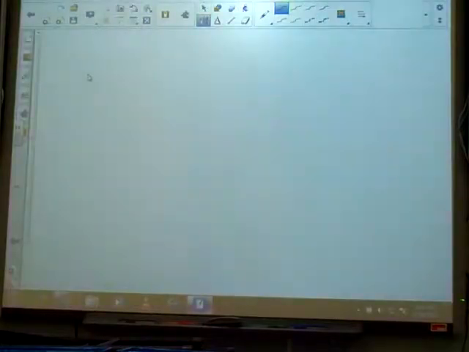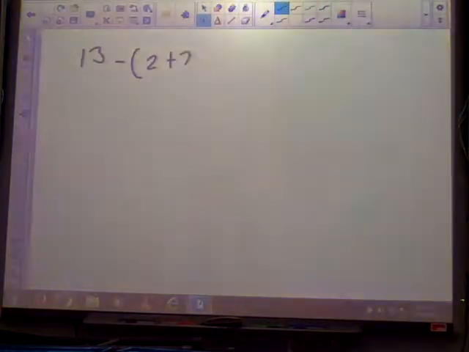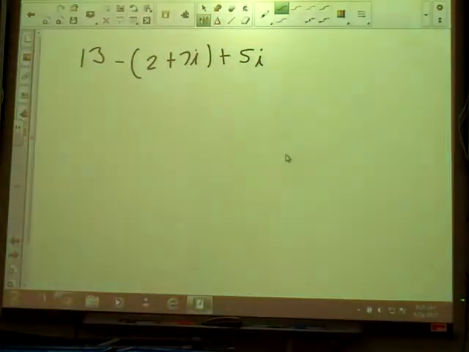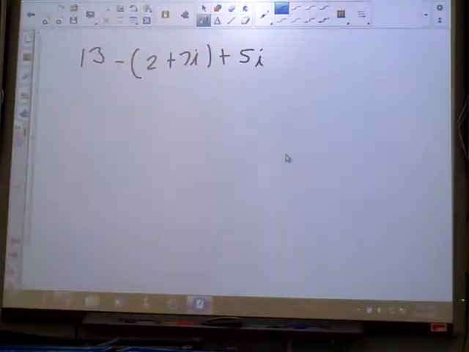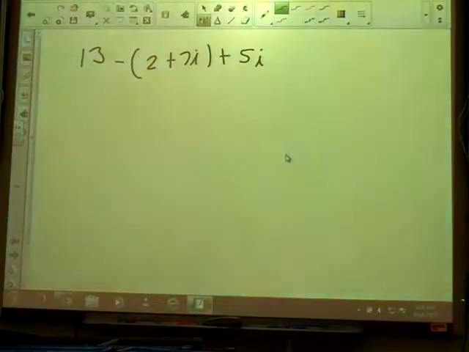All right, I've got 13 minus 2 plus 7i plus 5i. Be careful with signs here. That subtraction sign is in front of that whole parentheses. So you subtract, you distribute. Very good, Landon and Trevor both said it correctly. Trevor said he's going to distribute a negative. Landon said he knows it means you got to subtract it all.